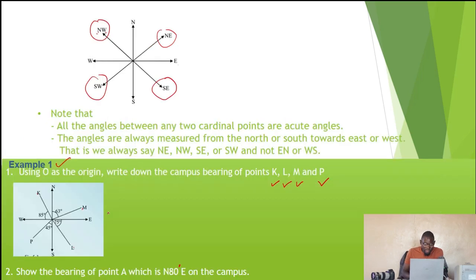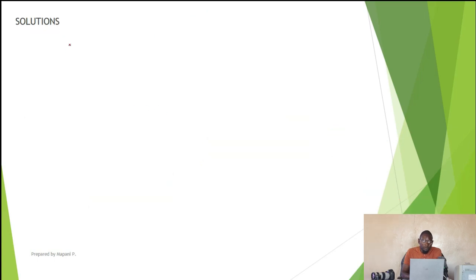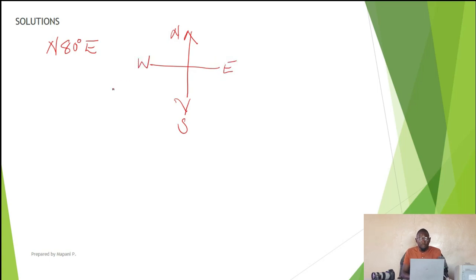Now we have another question here which says, show the bearing of the point A which is north 80 degrees east on the compass. So I'm going to do it from here. So we've been told to say north 80 degrees east. So now it is on this free compass, which is south, north, east, west. So here you just have to measure 80 degrees from the north.